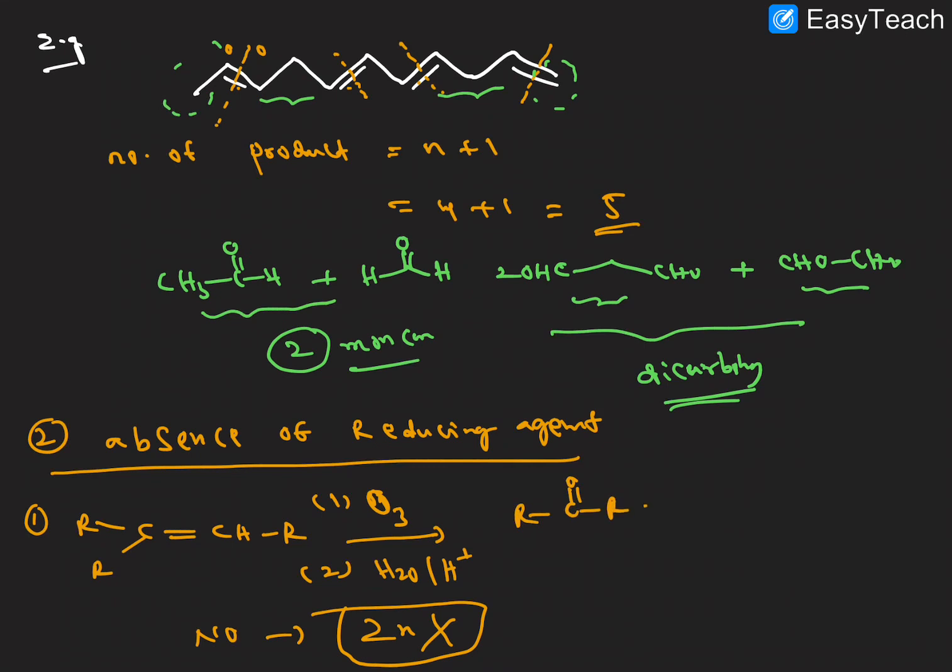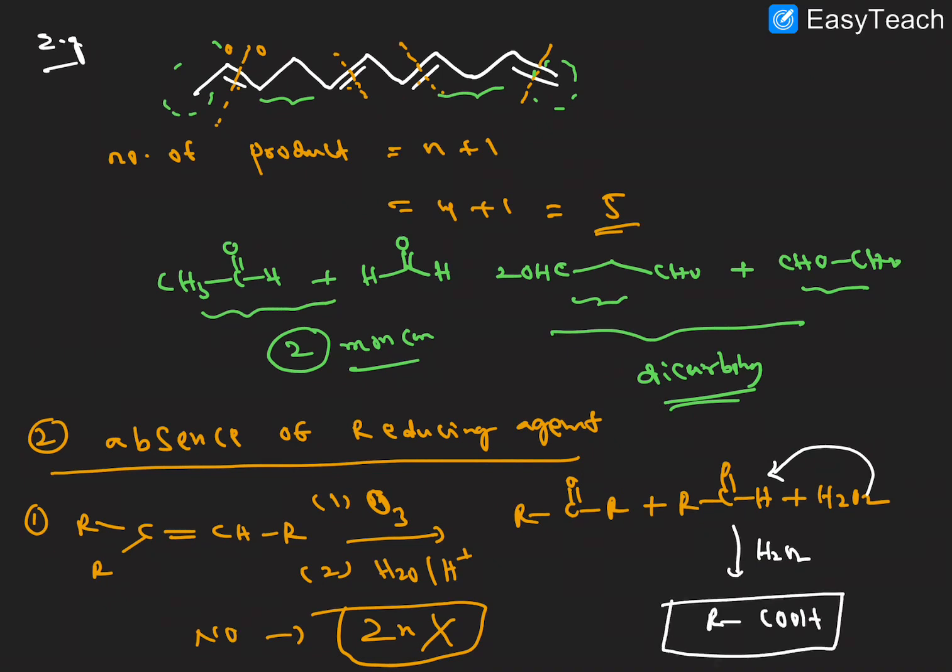Ketone, as usual, ketone is forming, and aldehyde is forming. Along with that, H2O2 is forming. This H2O2 can again oxidize the aldehyde. So this H2O2 again oxidizes it to RCOOH.